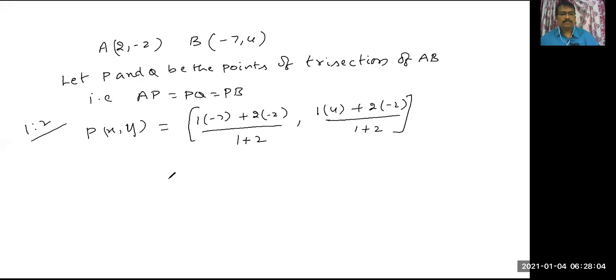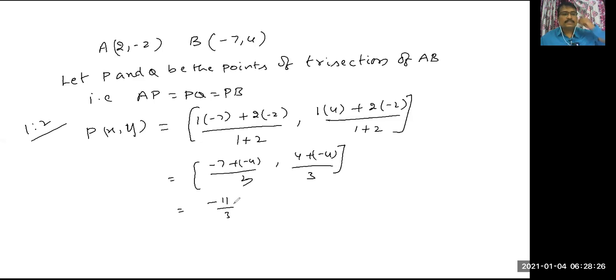So 1 into -7 is -7 plus -4 by 3. 4 plus -4 by 3. So -7 plus -4 means -11 by 3. Here plus 2.